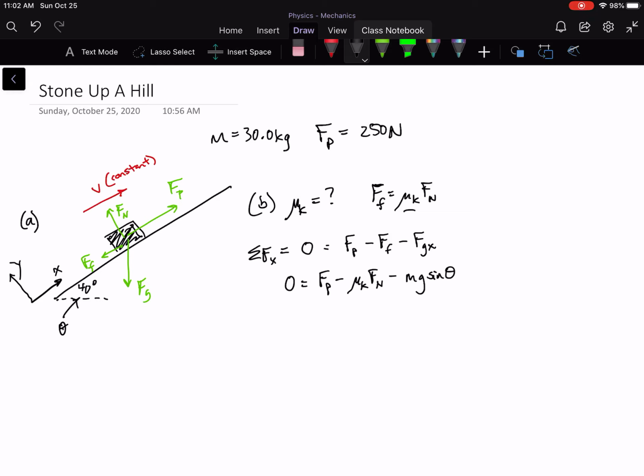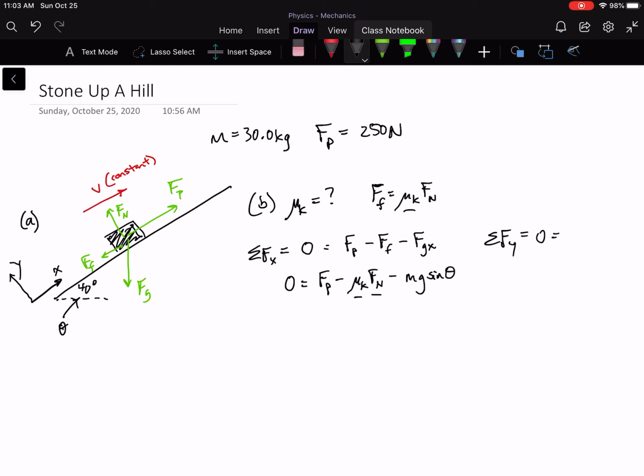One thing in particular is the normal force, along with the thing we're looking for. So we need to look at the y-axis, perpendicular to the incline. That's also going to be 0. It has no acceleration perpendicular to the incline.